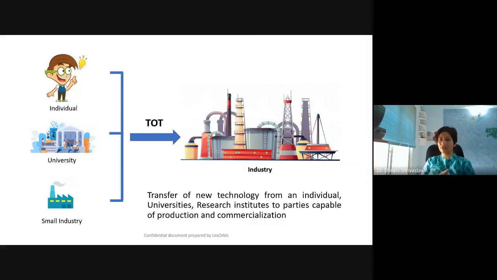It can be an individual inventor or group of inventors, a university or research organization, or a small industry that is not capable of manufacturing and commercializing the product on a large scale. All these people and organizations can transfer their technology to an industry capable of production and commercialization, that means selling the product in the market.